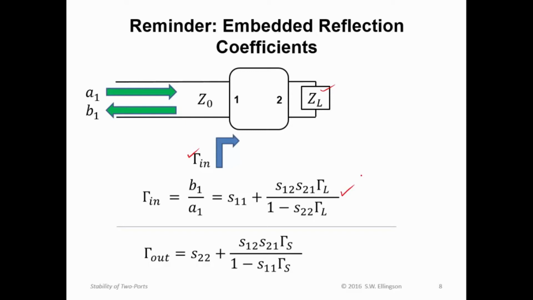And similarly, we can define an output embedded reflection coefficient, which is what we see at the output when the input is terminated by specified source impedance. So if you're unfamiliar with that idea, please go back to a previous lecture where this is discussed and refamiliarize yourself with this, because this is what we're going to be using going forward.